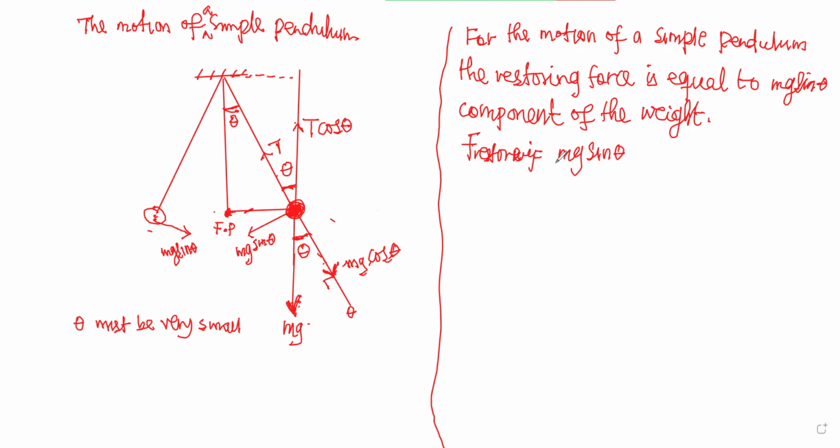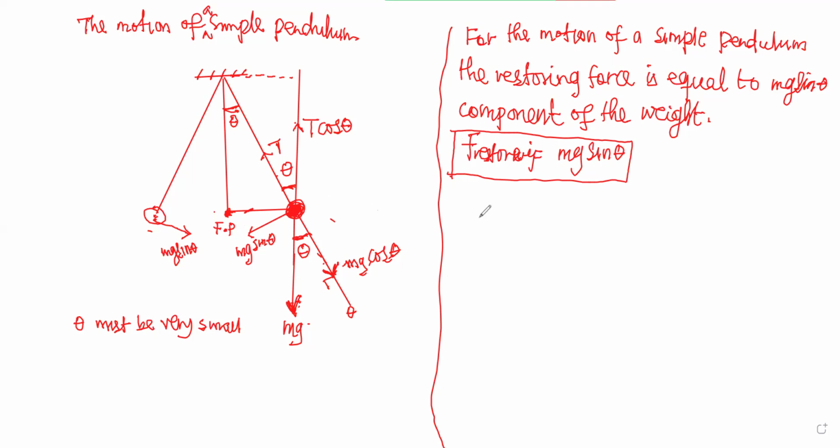And that is what we have seen. This is one of the conditions which we have identified. So the next is to show that this motion has uniform angular velocity, and also to show that the acceleration is directly proportional to the displacement.